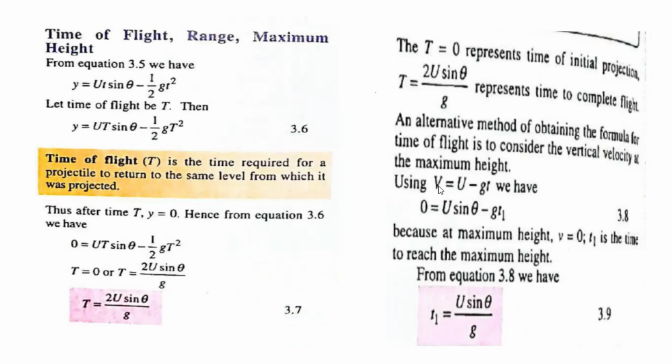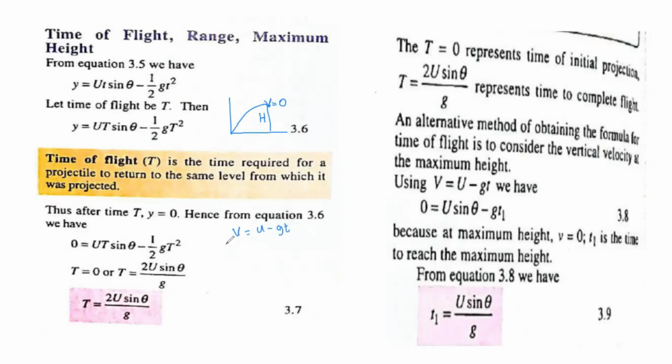Another thing we need to know is the maximum height. Remember I told you that for maximum height, something must happen. For this object to reach the maximum height, which is h, v must equal 0. If you remember, v is equal to u minus gt, working against gravity.